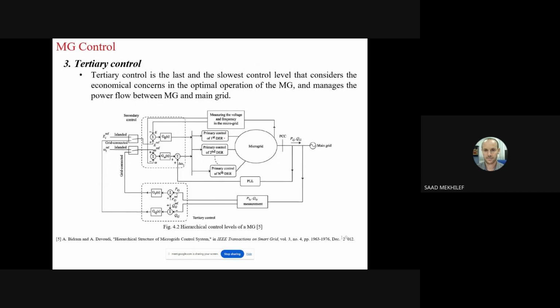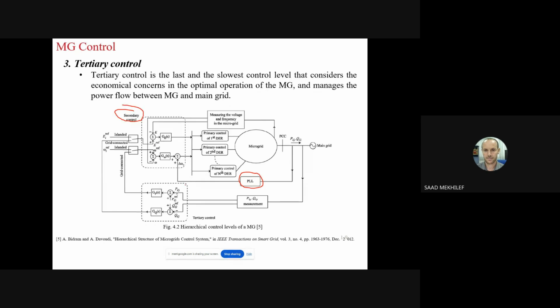So this is an example of the hierarchical control. When you have the main grid, you must have the PLL, the phase-locked loop, and then you measure the active and the reactive power. Then you put it in the tertiary control, and then you feed it back, connected to the secondary control.